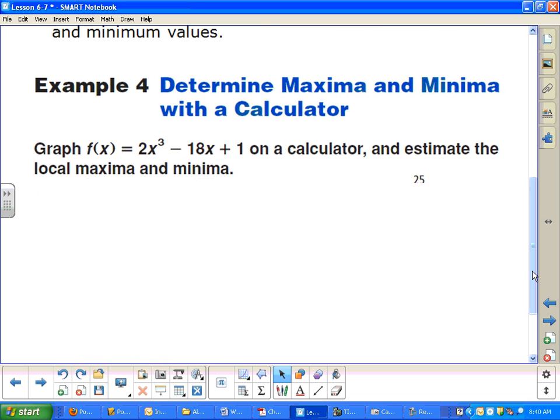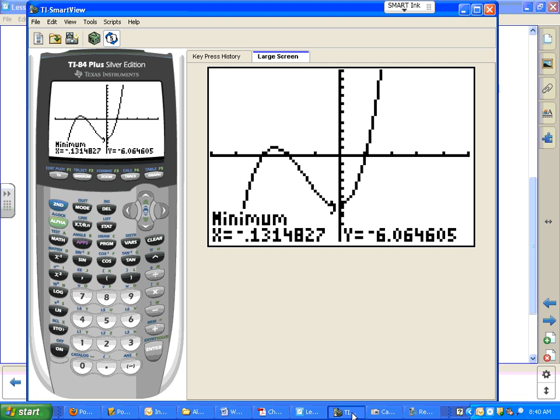So here we're going to use our calculator to estimate maximums and minimums. Put 2x cubed minus 18x plus 1 in your y equals.